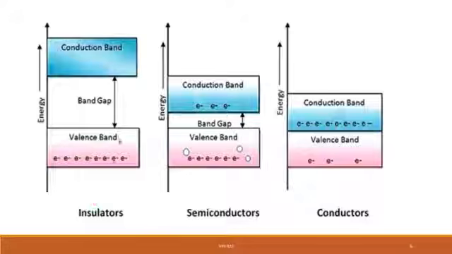In insulators, there is a large energy gap between valency band and conduction band. In semiconductors, there is a small energy gap between valency band and conduction band. In conductors, there is no energy gap between valency band and conduction band. Here we are going to find the energy gap of a semiconductor material, which has a small energy gap.